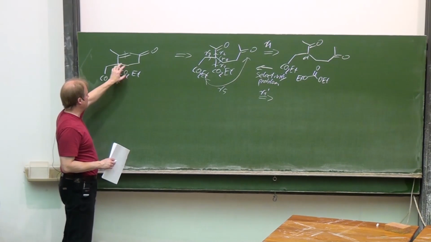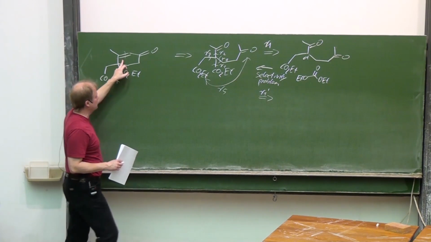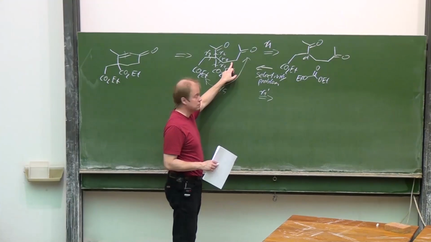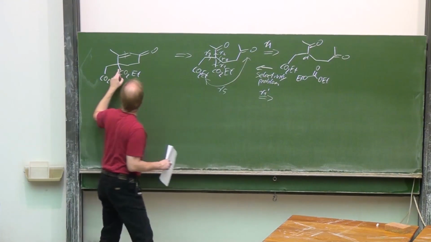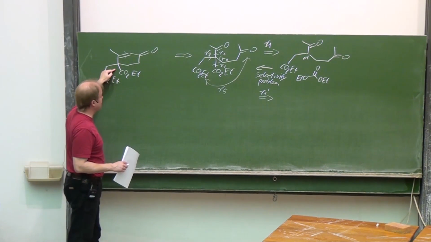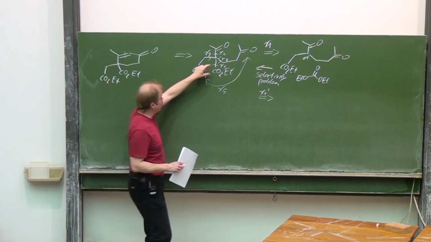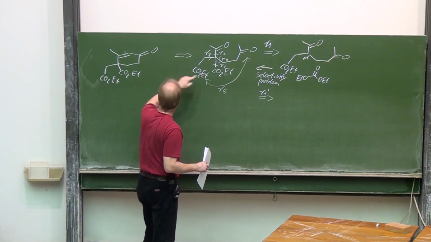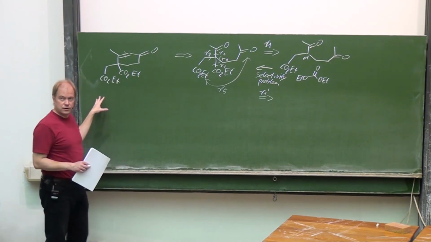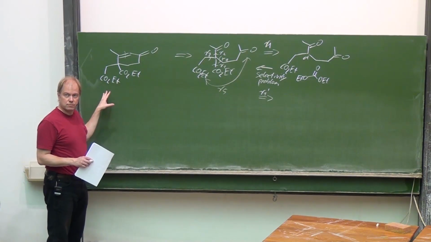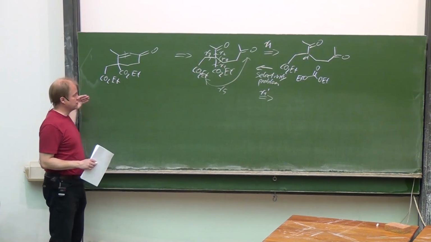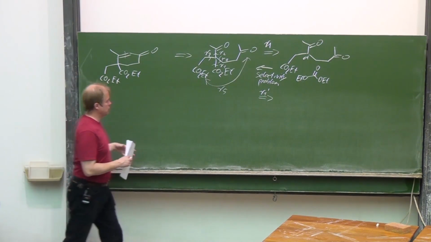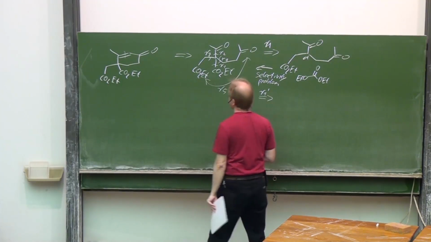We don't disconnect first here, but we just disconnect here. Let us assume that we try to form this C-C bond while that ring is already present in our synthesis.